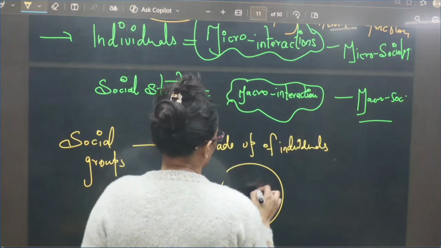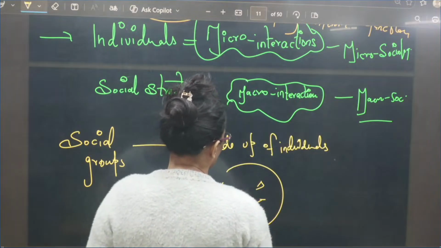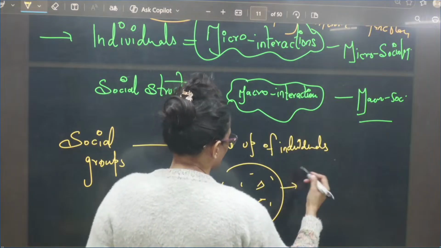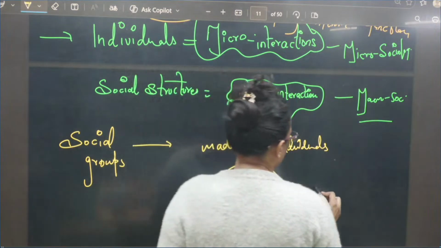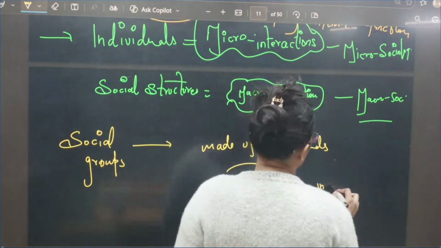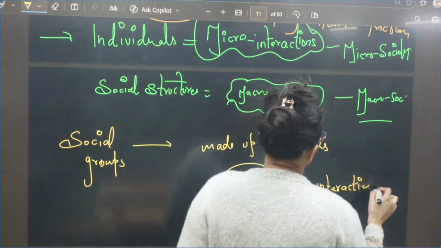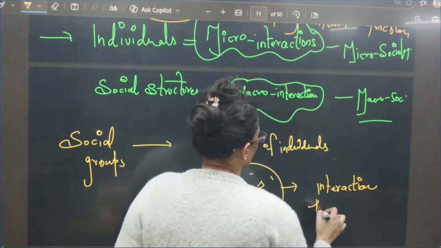Let's just say this. They all are individuals and they interact with each other. Interaction does not mean just talking. They interact through social institutions.